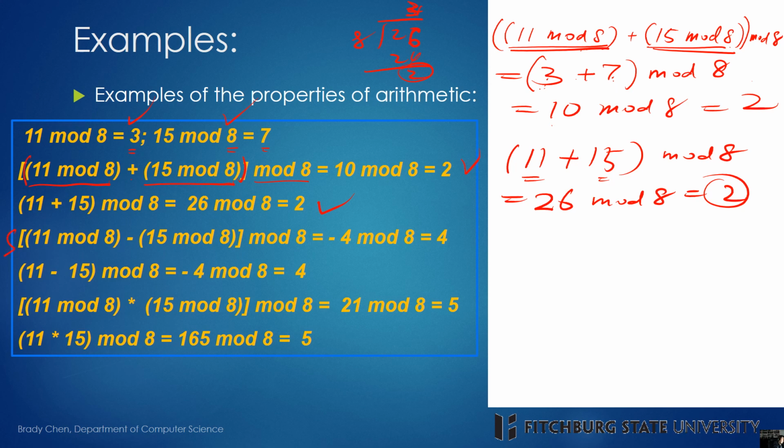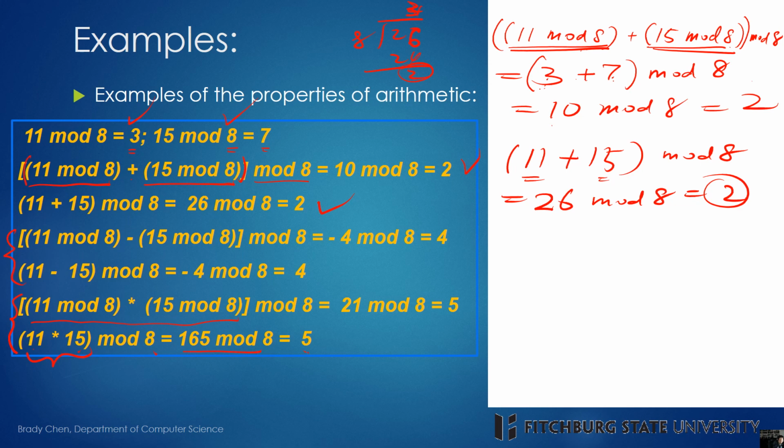And the same thing for 11 mod 8 minus 15 mod 8. And then the multiplication. This one is very important, because when you calculate 11 times 15 mod 8, we need to do the multiplication first, right? Then we get the result, and then mod 8.